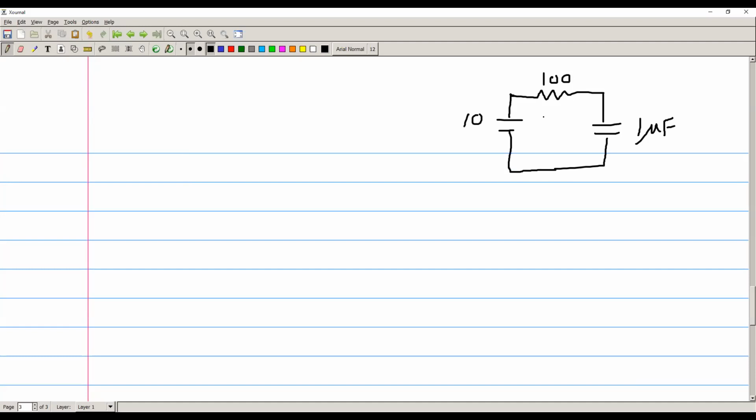This is the basic circuit that you're going to start up with at t equal to 0. And as we saw before, VC of t will be equal to 10 times (1 minus e to the minus t over tau), where tau is equal to RC.